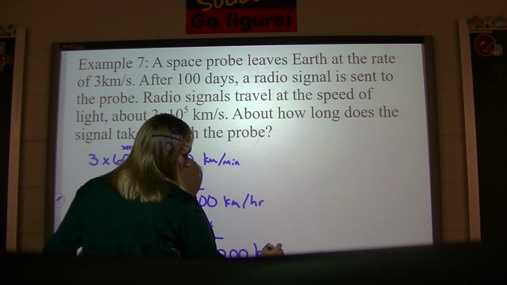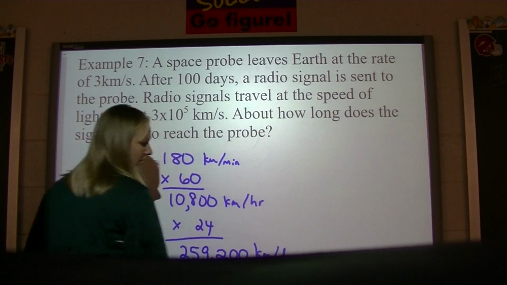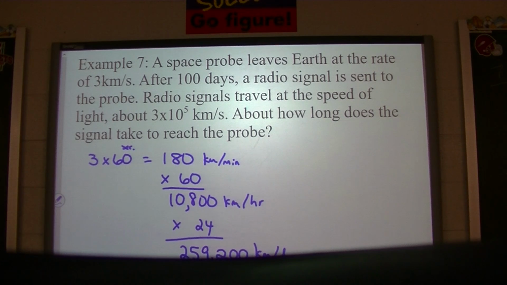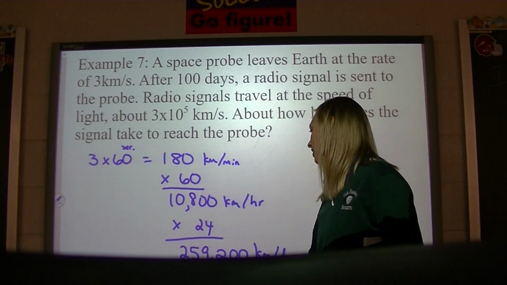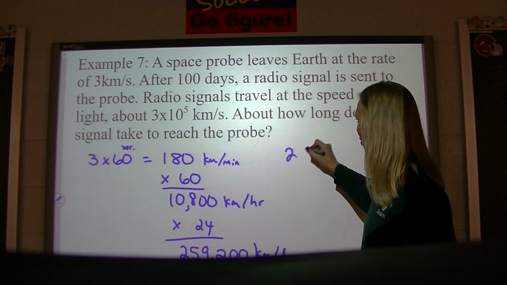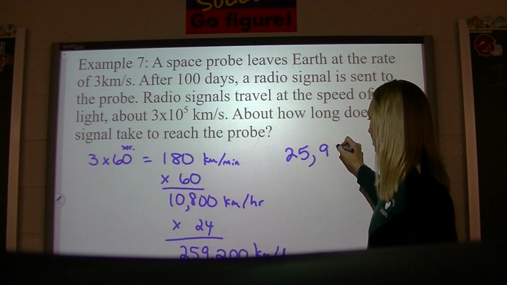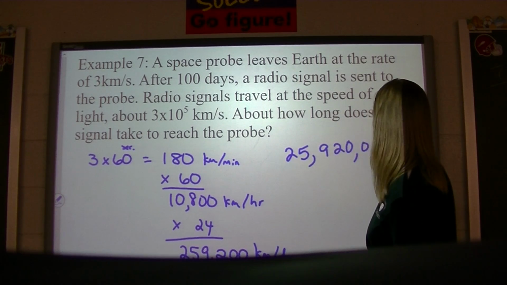Again, that's kilometers per day. Okay, so I figured out kilometers per day. But now, they've traveled 100 days. So I have to take this per day and multiply it by 100. And we're going to get 25,920,000.